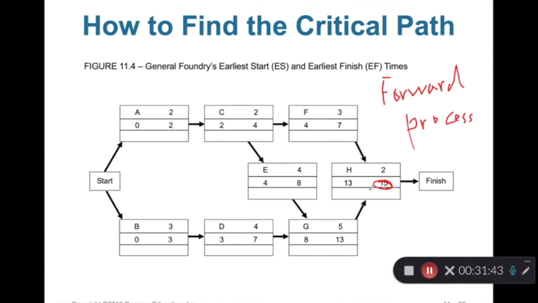Why? Because once activity H is done, the entire project is done. So you should know how to figure out the completion time for the entire project.